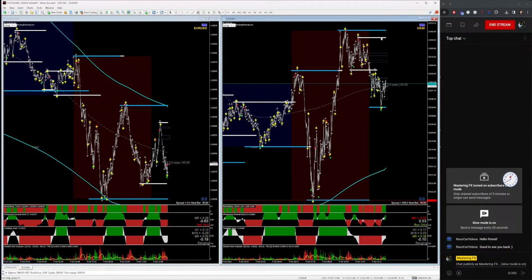I wouldn't just consider a raid because they're very close together, so if anything I want to see this high being taken out. Here, like I said, we have the confluence of the band with that high, so if you raid this high, I would be considering this a valid raid to go lower, as well as the London high and the London low, and also this low.